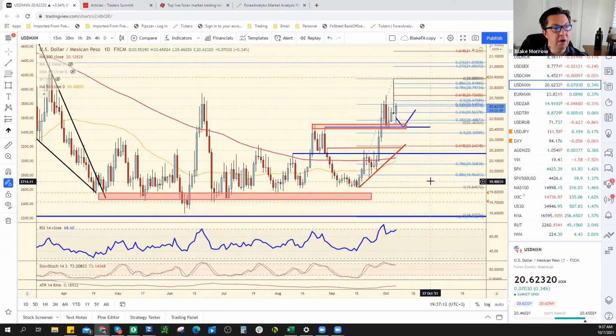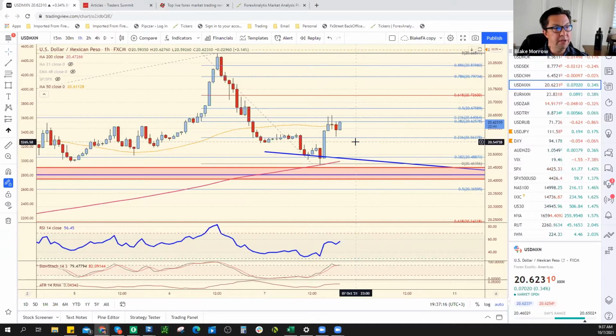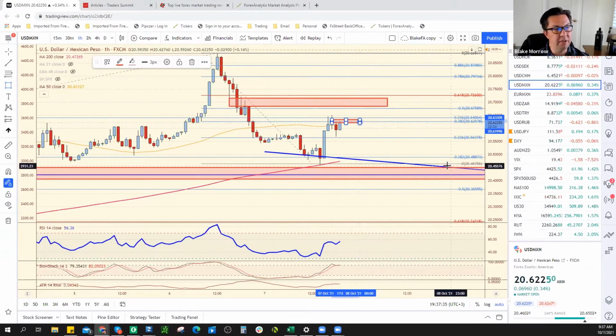Dollar Mexican peso. I also have to point this one out. I sold my dollar Mexican peso for a loss today. I know a couple of you guys were trading it. I bought it yesterday, my average was at 69, right around here. I have to admit, my entry was pretty crappy. And I sold it this morning at 62, basically where we're at right now.